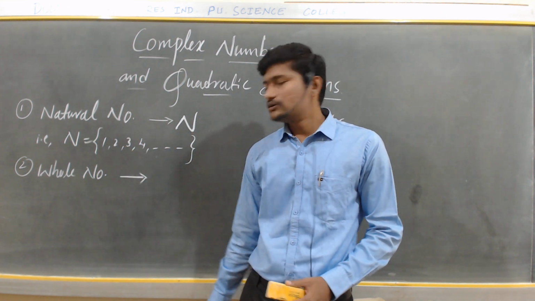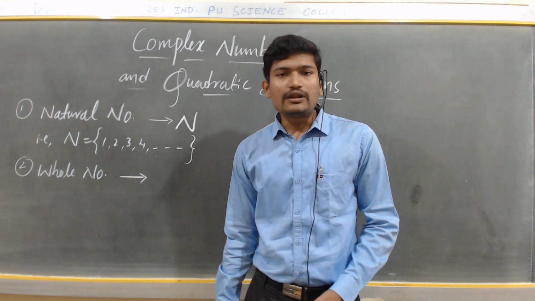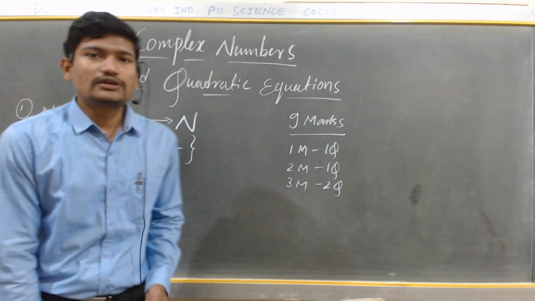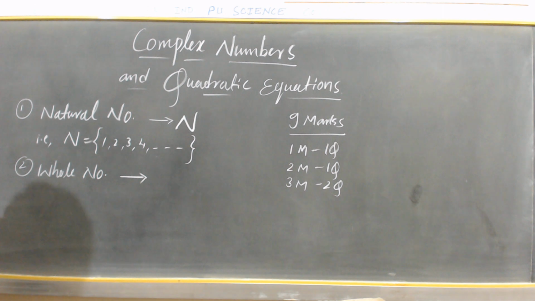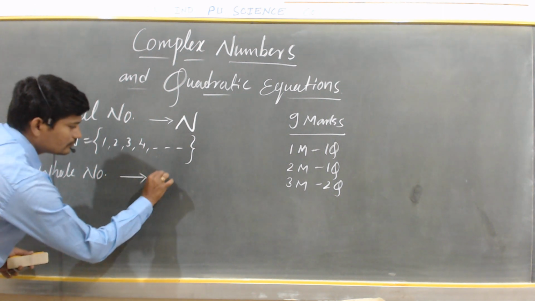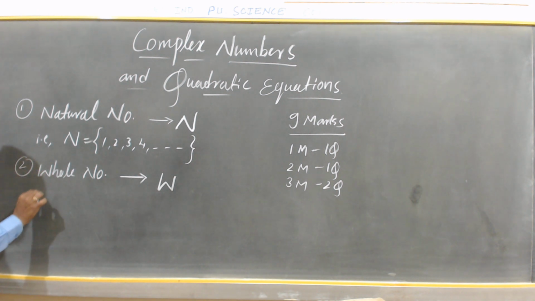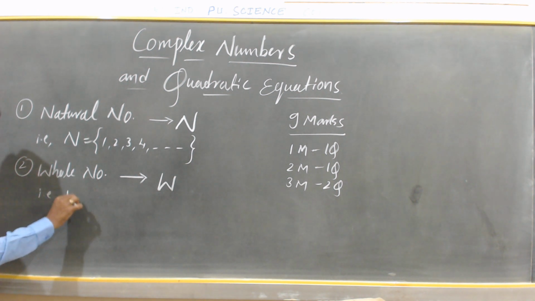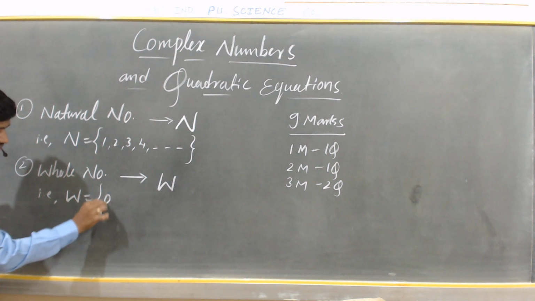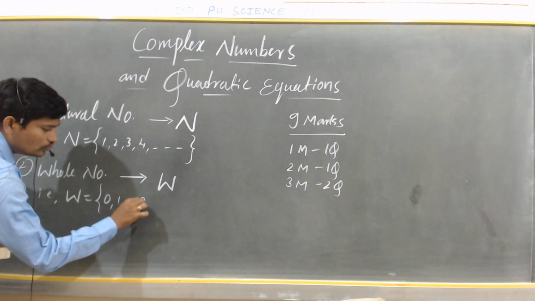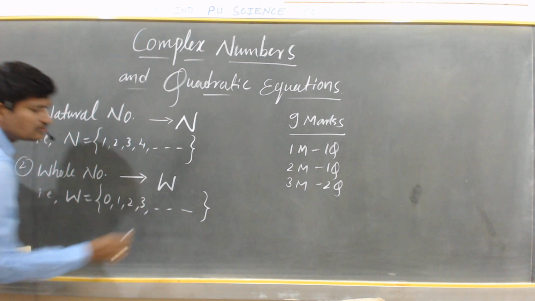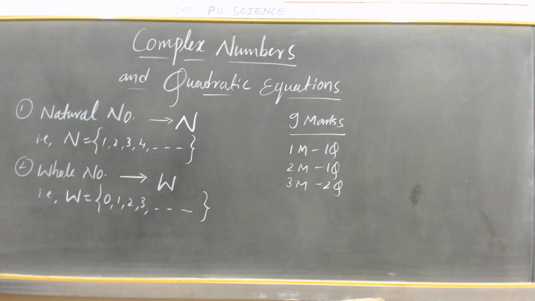It is denoted by the capital letter W. In general we write W equal to 0, 1, 2, 3, and so on. So this one we call a whole number.